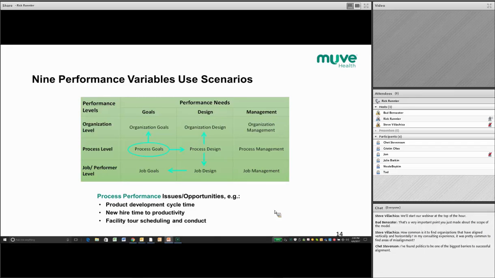And then that'll take me to, okay, if that's what the desired job design is, then what are the desired job goals that will make that happen, before looking then at the management side of the equation, starting with process, the flow of value that I want to create, and then what's required from an organization standpoint and from a job standpoint to be able to support that.